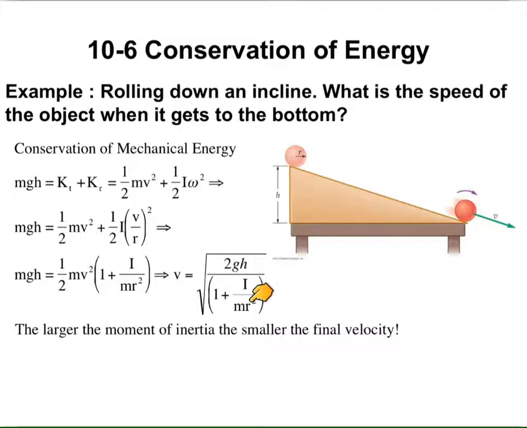So you see, if there is a rotation, then this I will be there. And if we have this term in the denominator, which is larger than 1, the speed will be less, right? If there is no rotation, that means this I is 0, because it's not rotating. The rotational kinetic energy term is gone, and you recover the same speed, square root of 2gh.